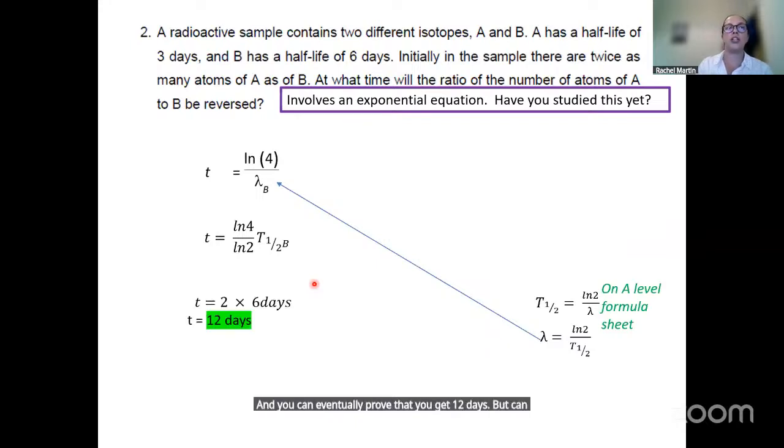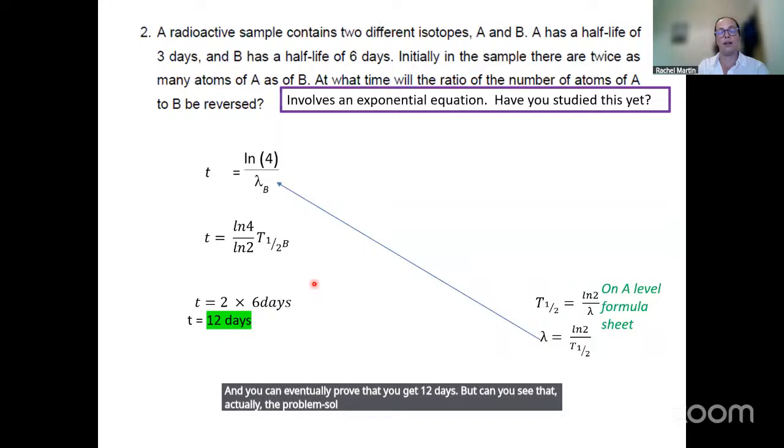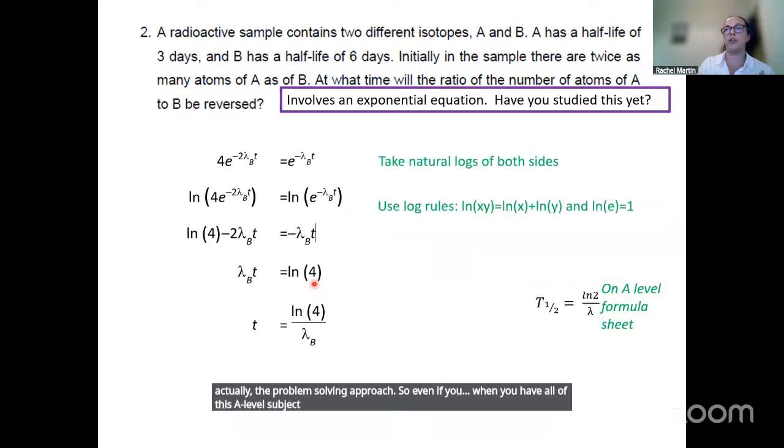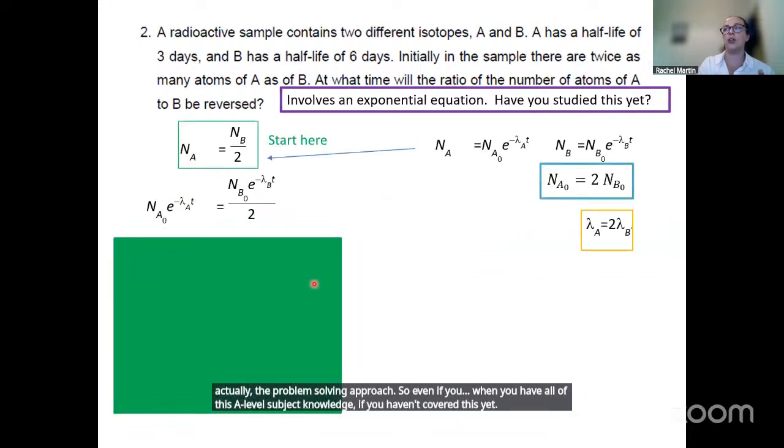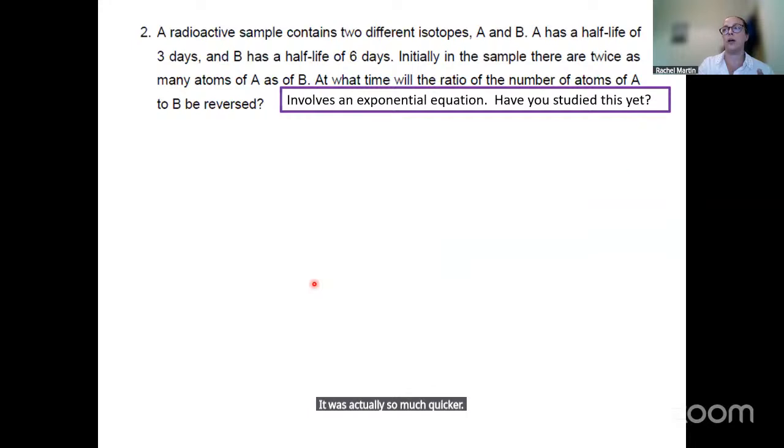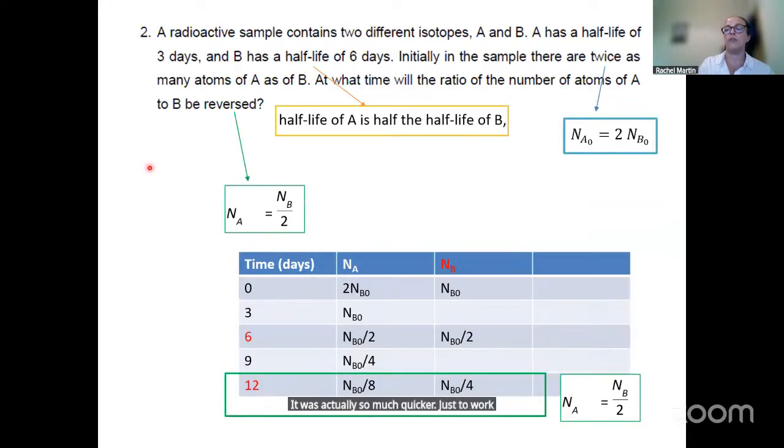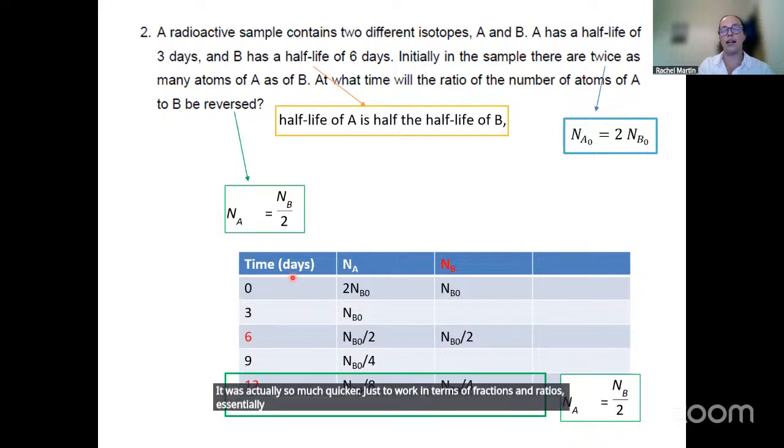But can you see that actually the problem solving approach, even when you have all of this A-level subject knowledge, if you haven't covered this yet, it was actually so much quicker just to work in terms of fractions and ratios, essentially, and labeling your number of atoms very, very clearly.